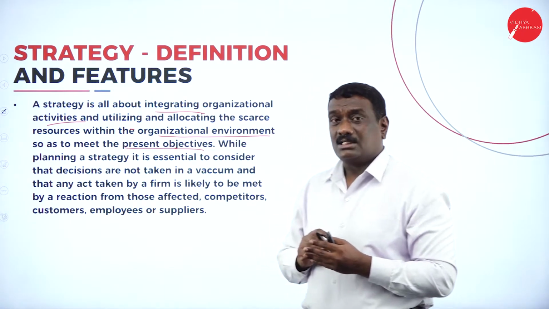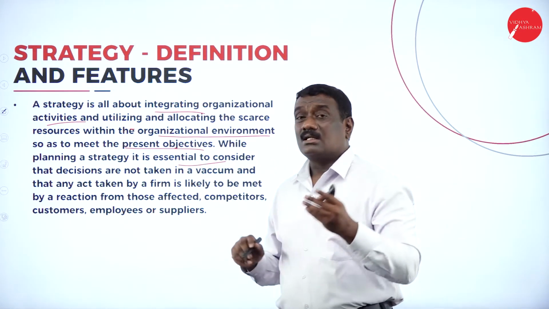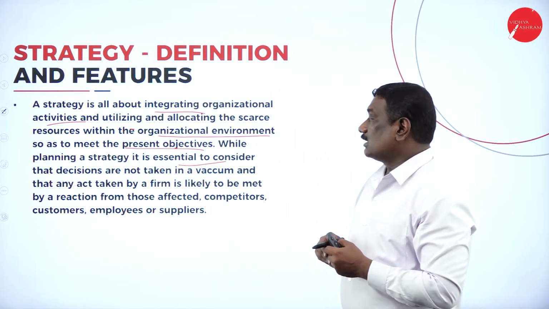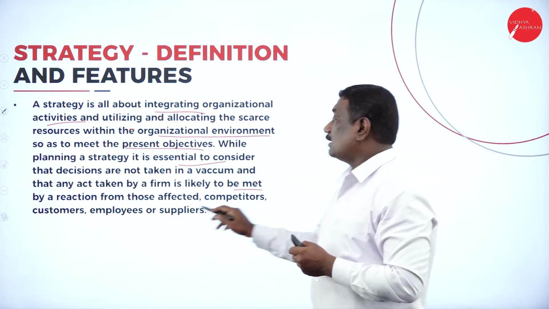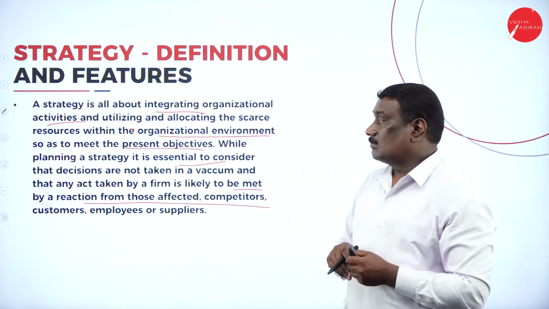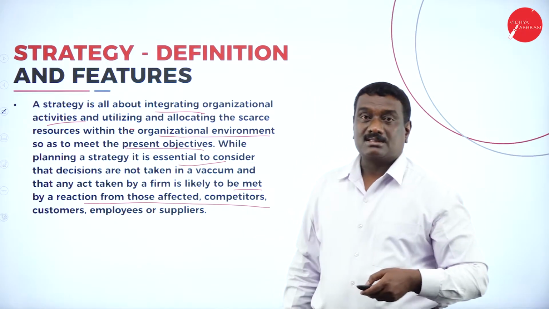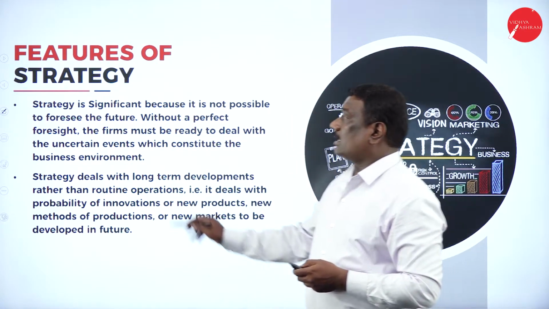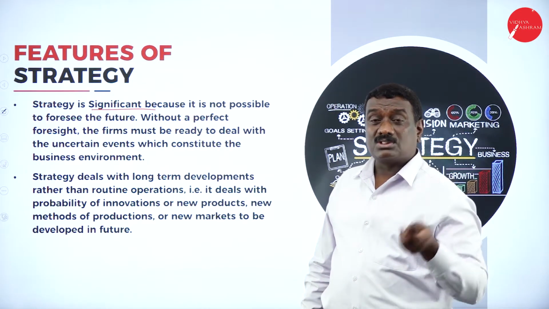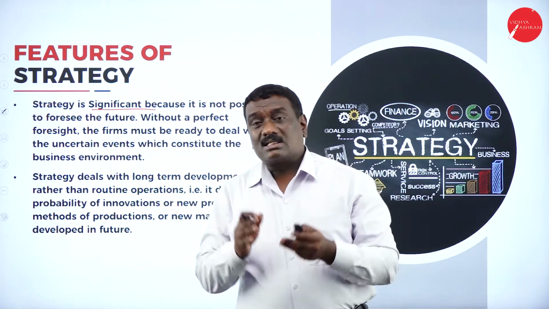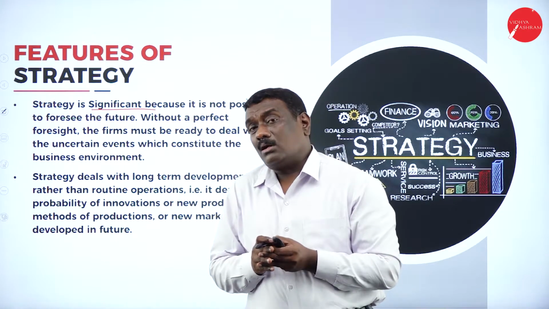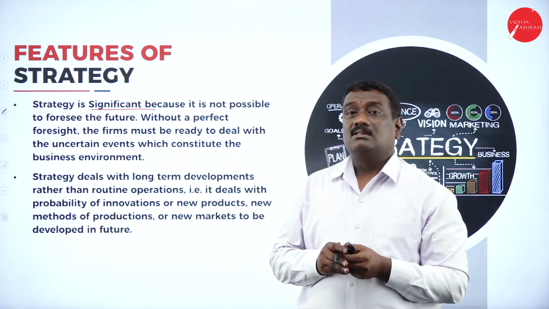While planning a strategy, it is very essential to consider that decisions are not taken in a vacuum, and any action taken by the firm is likely to be met by reactions from those affected. It may be the competitors, the customers, the employees or the suppliers. Students, strategy is a very significant and important aspect because it is not possible to foresee the future.